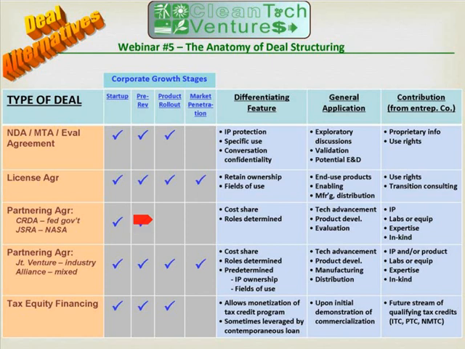The differentiating feature of CRADAs, cooperative research and development agreements, and joint sponsored research agreements is that the parties to the deal share cost, and yet they get access to the intellectual property that is developed for specific predetermined fields of use. So they do not need to finance the entire technology, and yet they can use the entire technology for predetermined applications and areas.